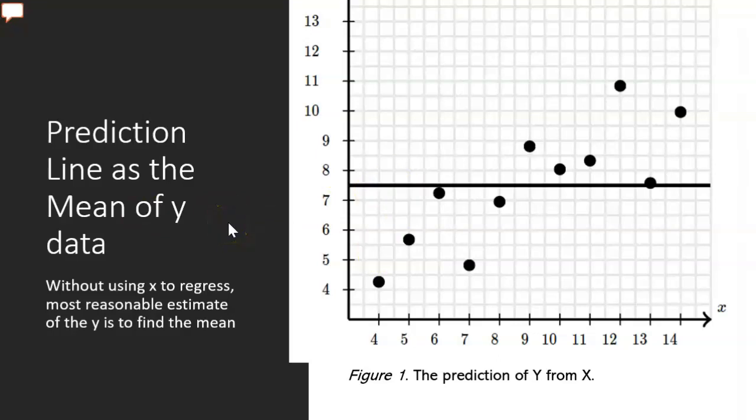And in this situation, it's a very simple straight line. So you have an actual, the dots represent the actual observations of x and y, and then the line represents the predicted values of x and y.